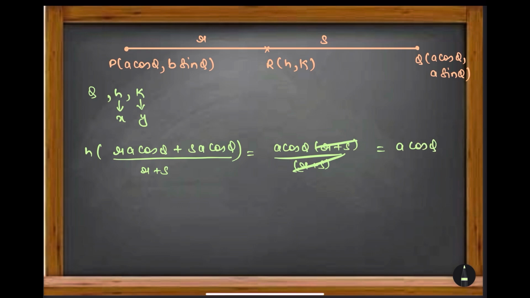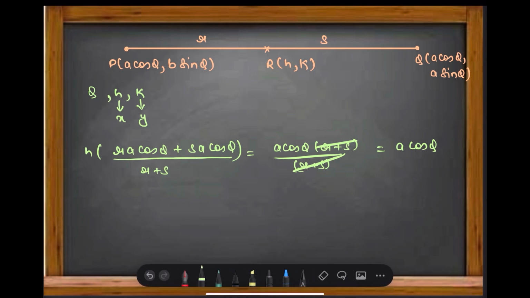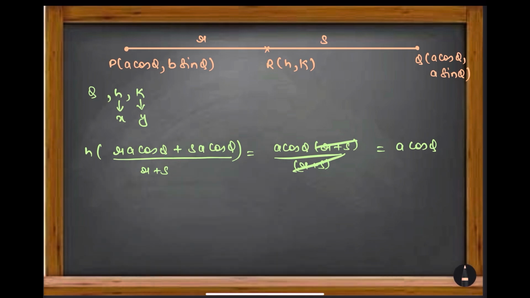So you got your first equation. Now I'll go with k. So who is k? k is the y coordinate. So (r a sin theta plus s b sin theta) upon (r plus s).